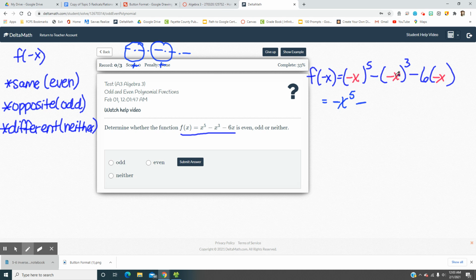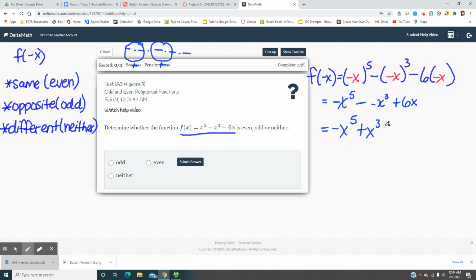Minus negative x cubed, that would be x cubed, but then negative would be negative x cubed. Then negative 6 times negative x is positive 6x, because negative times negative. And I have a negative negative right here, so it looks like I get negative x to the fifth plus x cubed plus 6x.